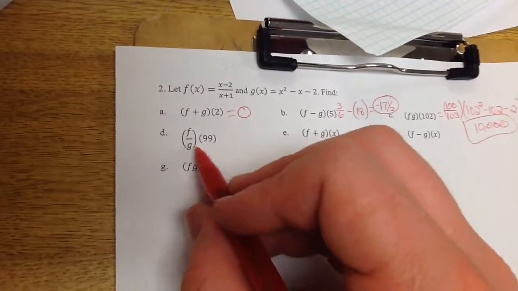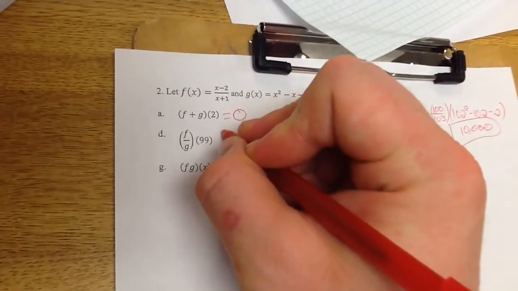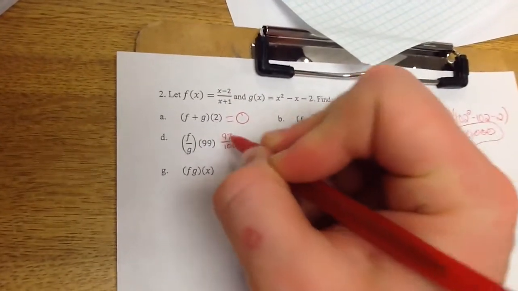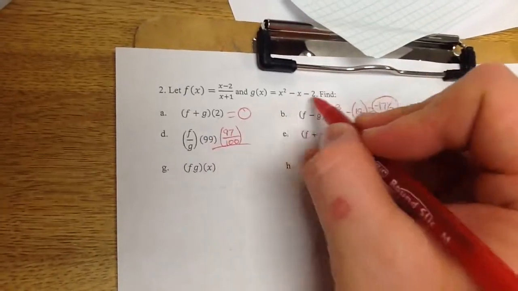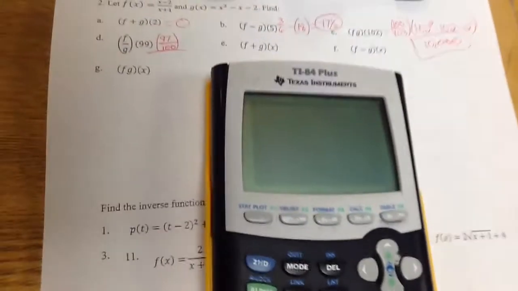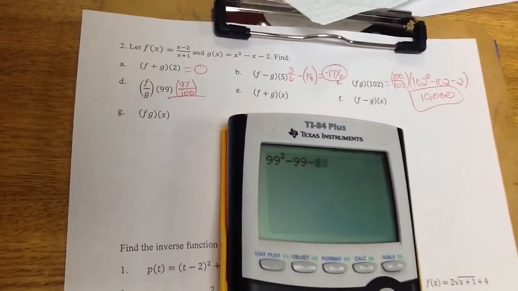Oh boy, another one. So plug it in. 97 over 100. There's F divided by, plug in 99. Well, I'm just going to go straight to the calculator. 99 squared minus 99 minus 2. It's 9,700.